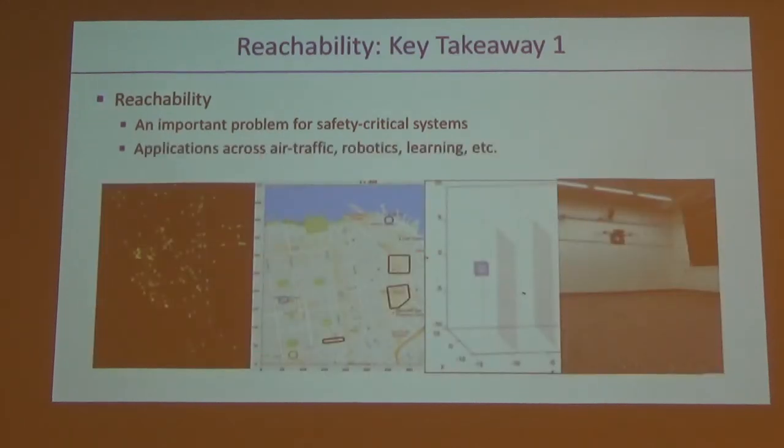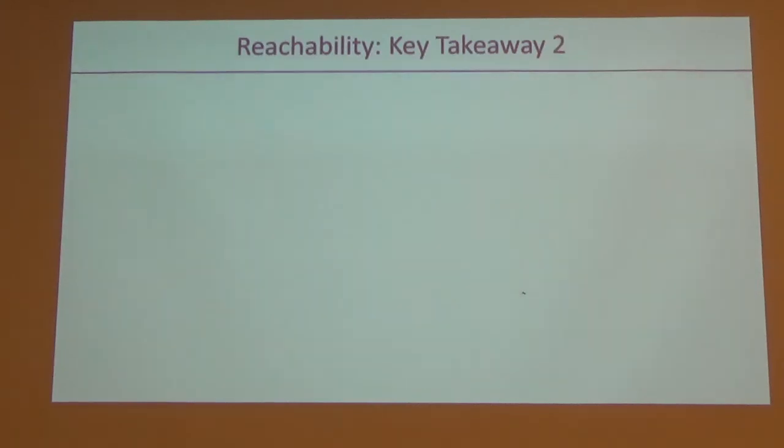Okay, so let's summarize this session. The first takeaway from reachability is that it is an important problem for safety-critical systems. We saw a variety of applications of reachability ranging from air traffic control to UAV control to robotic planning and machine learning. The second thing is we can compute these reachable sets using the level set approach, which essentially inherits the tools from zero-sum differential games.